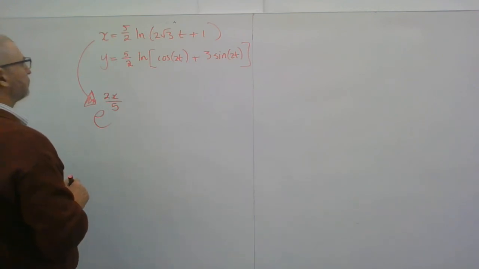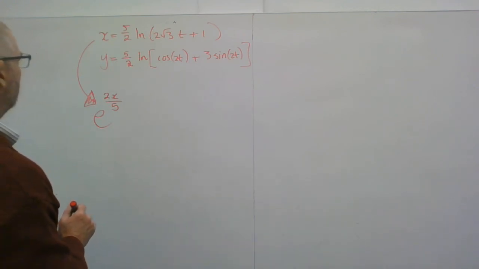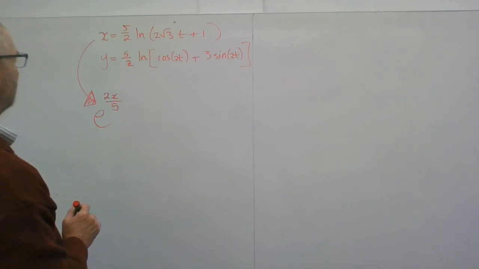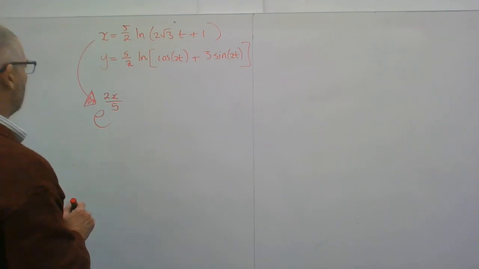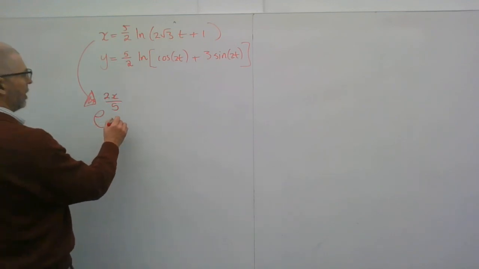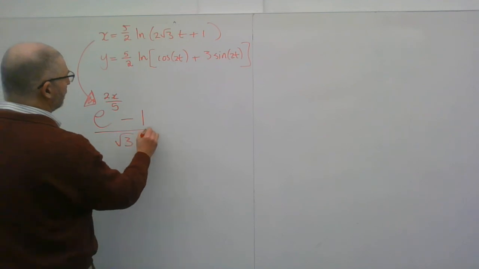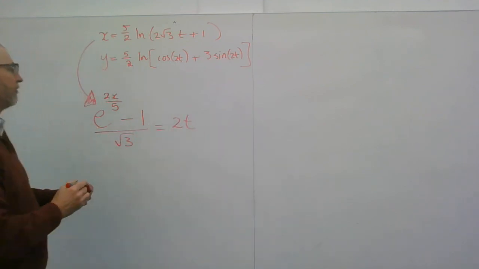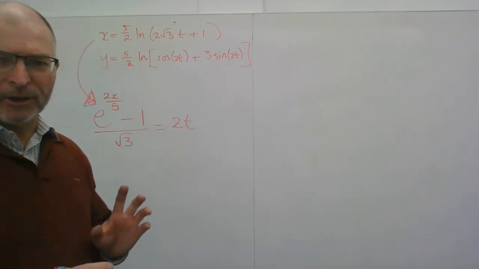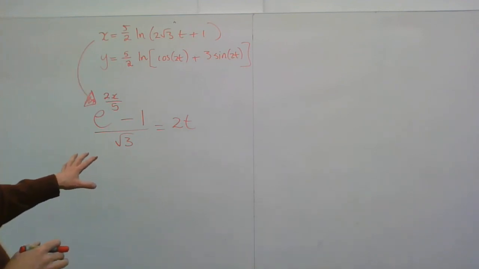So e to the 2x on 5 minus 1, all on root 3, is going to equal 2t if I rearrange that. So you can spend time rearranging that, but that's what I get.